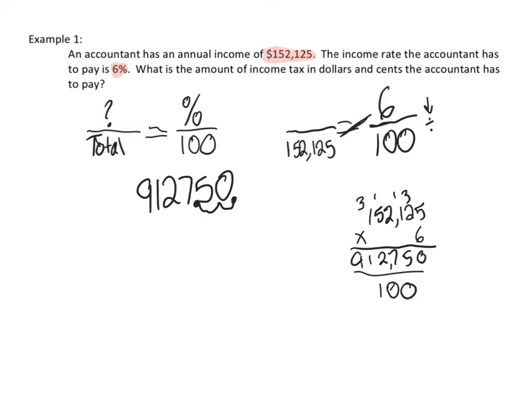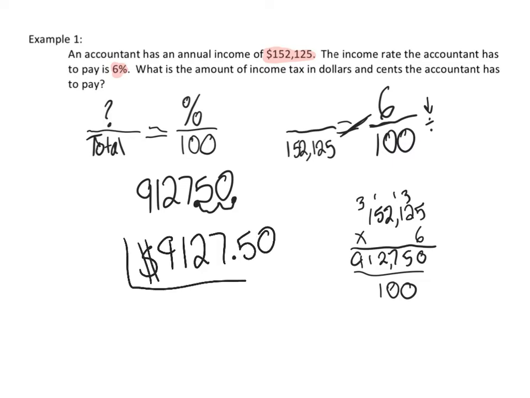So I end up getting $9,127.50. When I rewrite it, nice and neat, I get this amount. And that is our income tax that he has to pay.